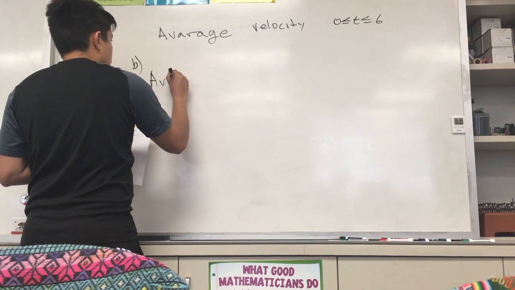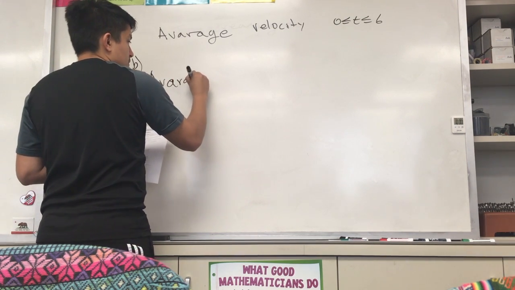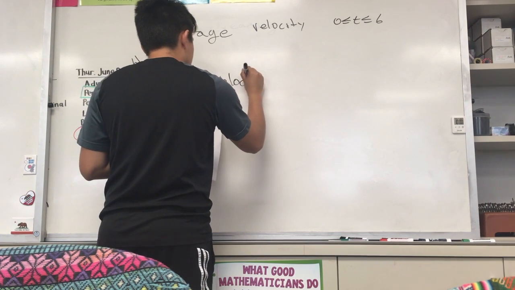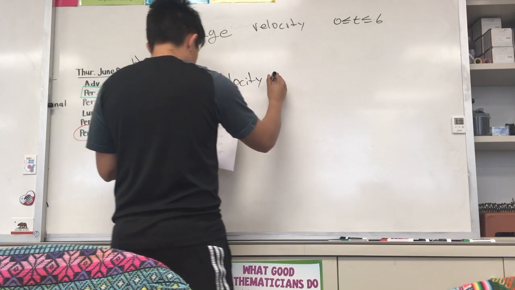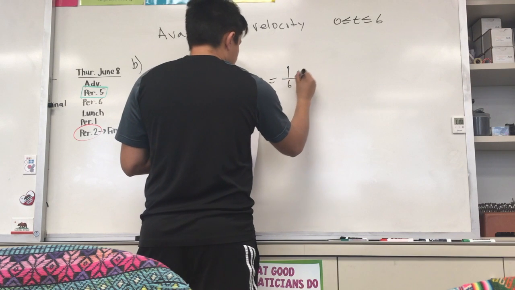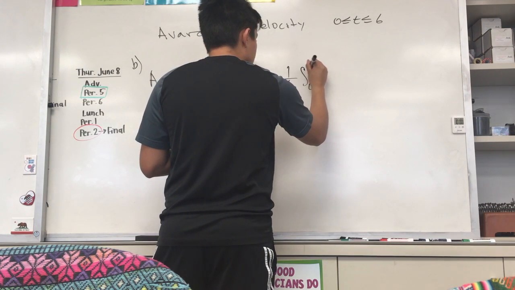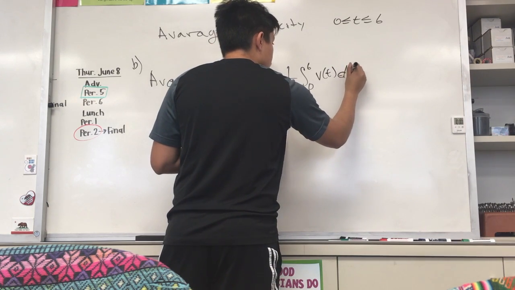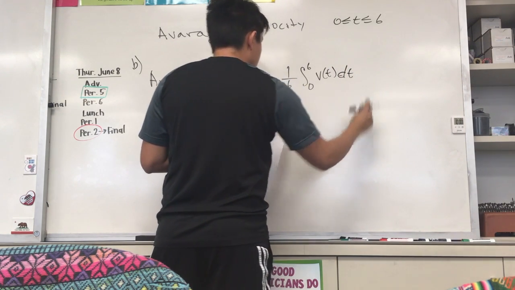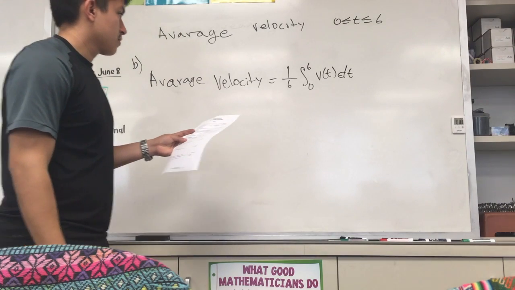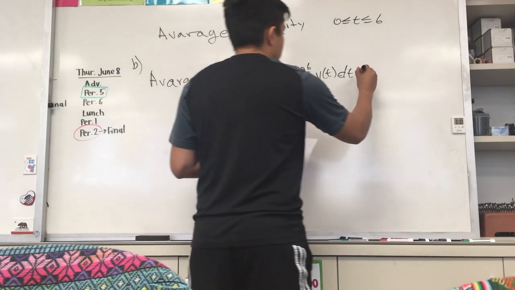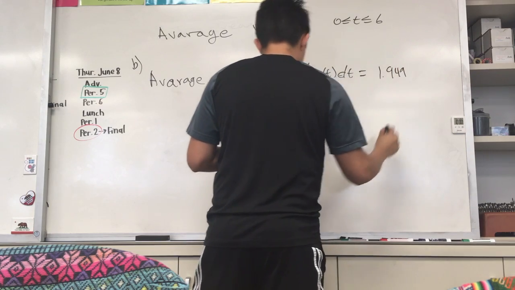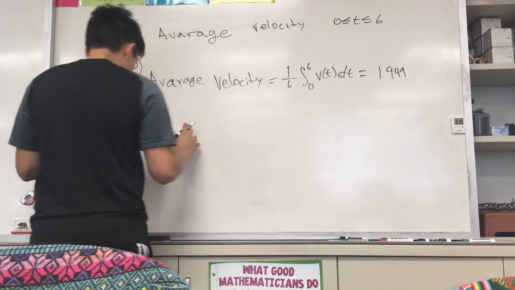So what you would like to do is write average velocity and then make it equal to 1 over 6 times the integral from 0 to 6 of v(t) dt. And you should be getting 1.949.